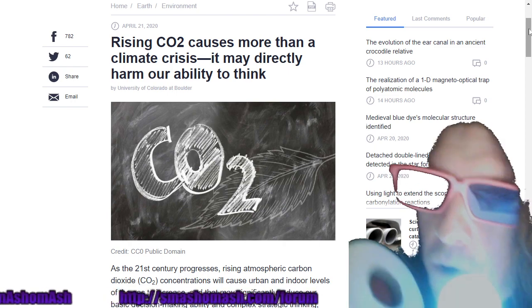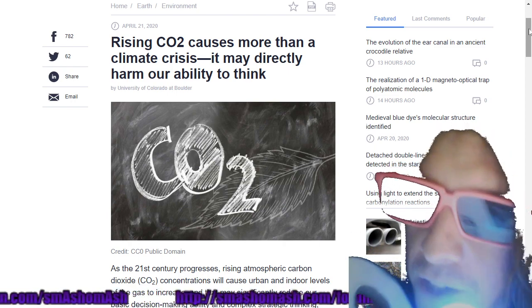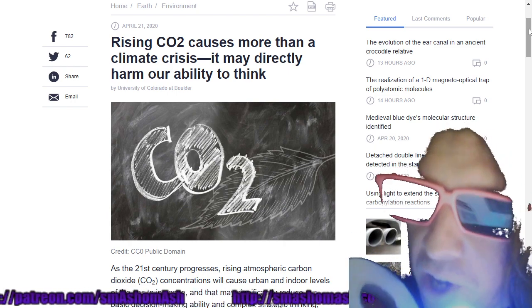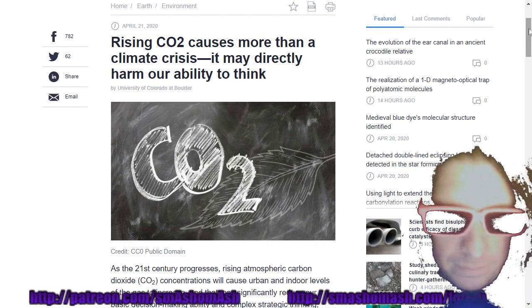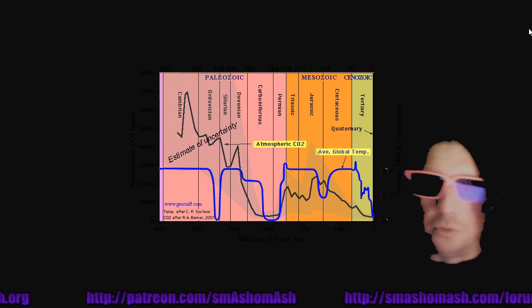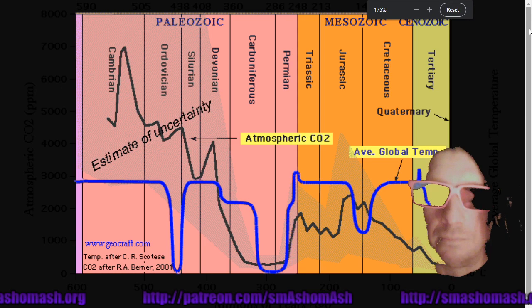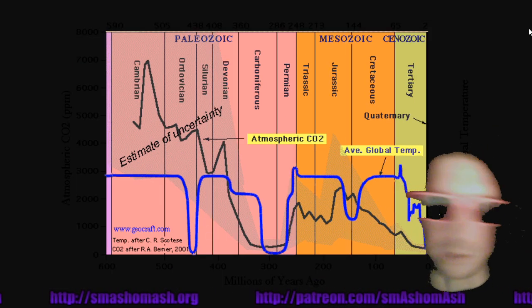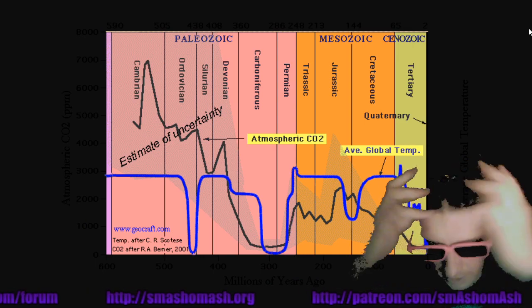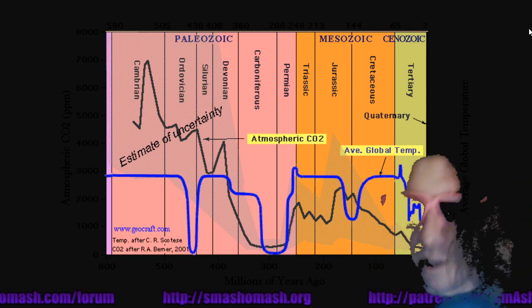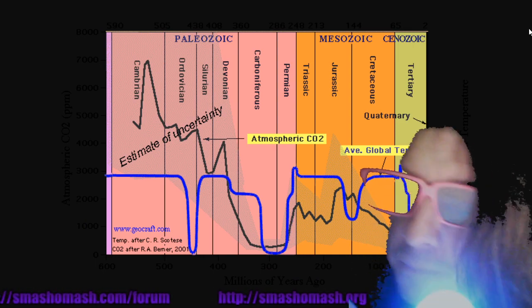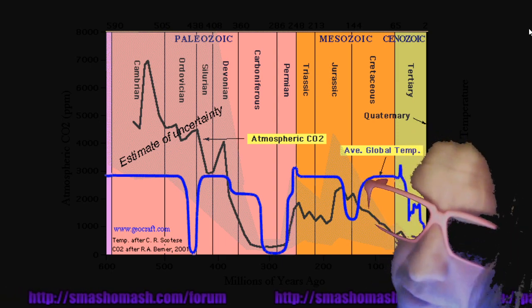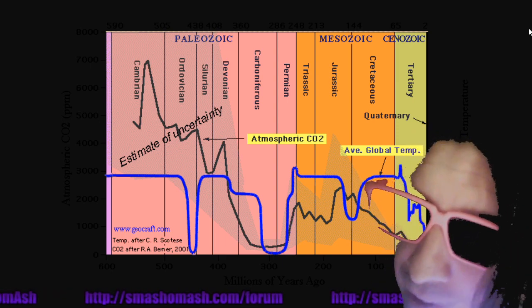Another example: phys.org's Earth section is rife with Sharticles like this one, about how CO2 is really spooky. Oh no, not the CO2. Oh, it's so scary. CO2 is so scary, folks. I'll just leave this on the screen while I talk about how scary CO2 is real quick. It's essential to basically all life on Earth, except for a bunch of extremophiles that live in places like ocean rift vents.